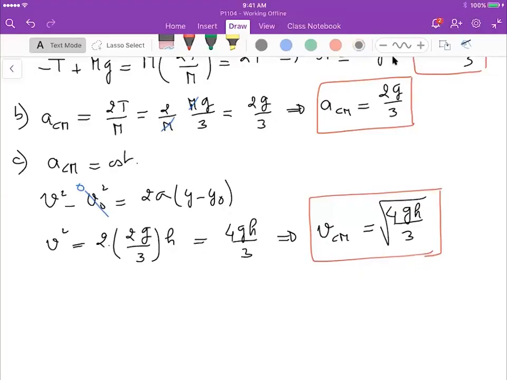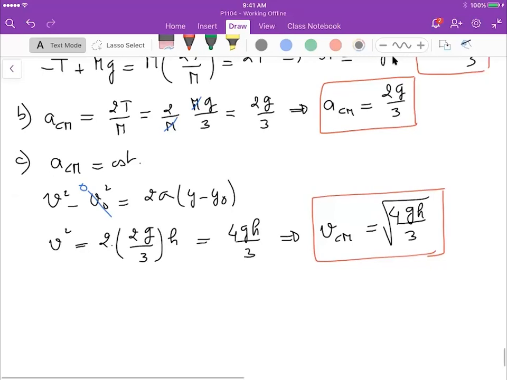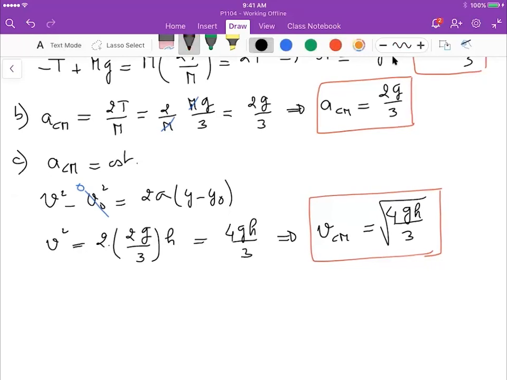So in part D, using the energy approach, we are in the case of rolling without slipping, as we have said in part A. Since we have rolling without slipping, we have conservation of mechanical energy.